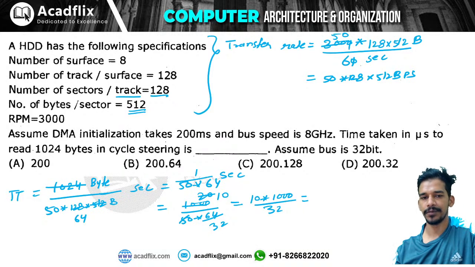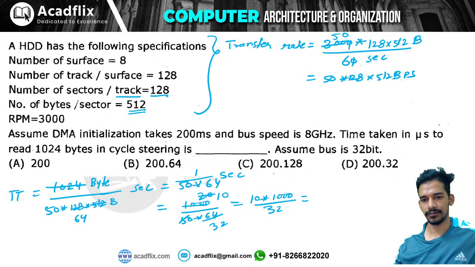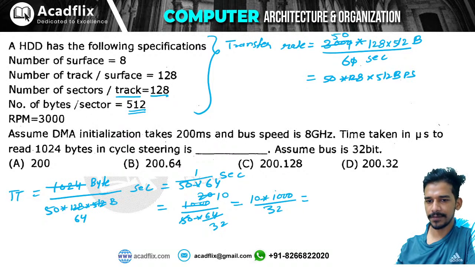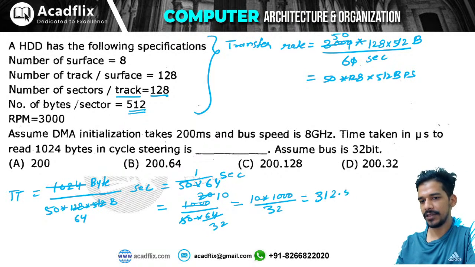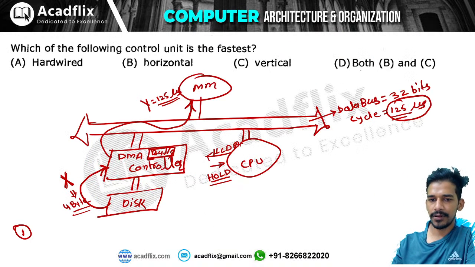This will be 312.5 microseconds. So it will take 312.5 microseconds to transfer 1024 bytes from disk to DMA.